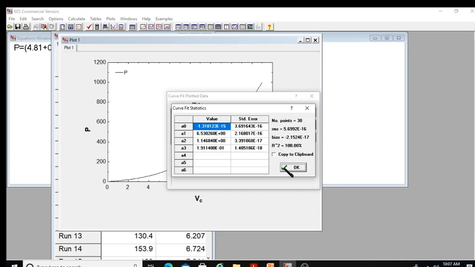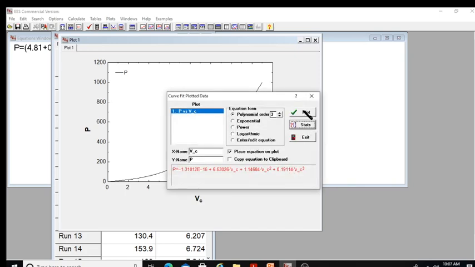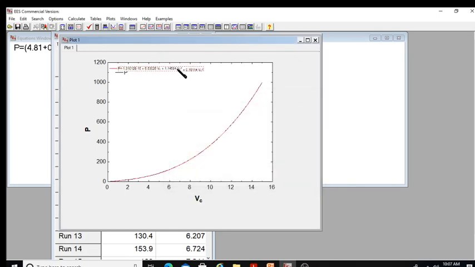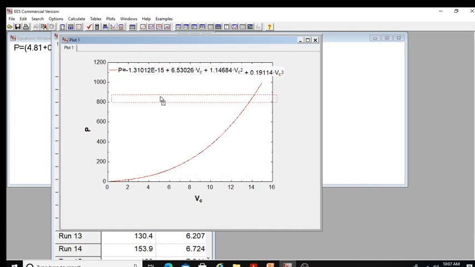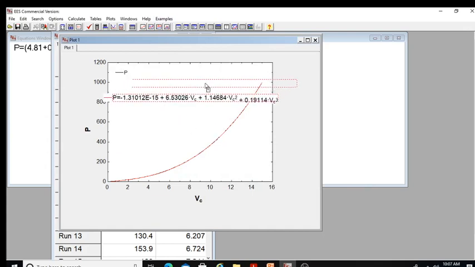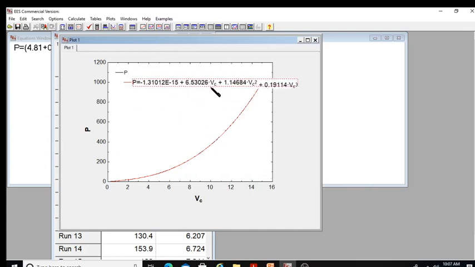I can plot that, and if I make it 18 size, you can see it in bigger format. That would be the equation relating the cycle speed versus power. So curve fitting can also be done quite easily on EES.